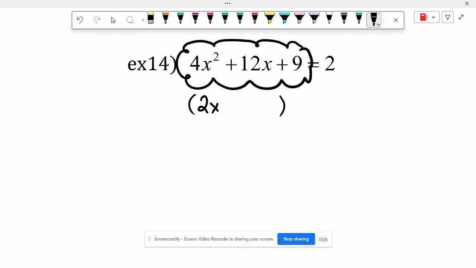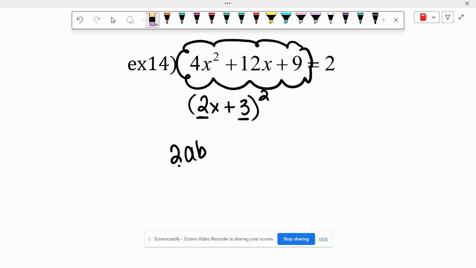What about taking the square root of 9? What's that going to give you? 3. It came from 2x plus 3, the quantity squared, and we checked it by taking a times b times 2. 2 times 3 is 6, times 2 gives you your middle term. Do you guys remember that?